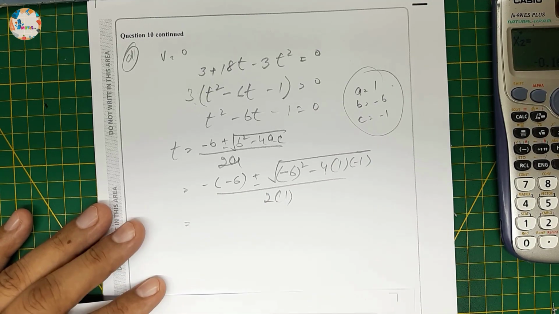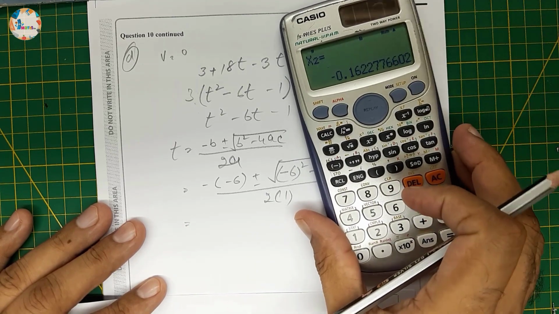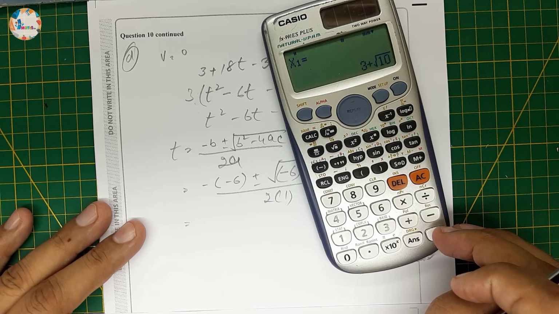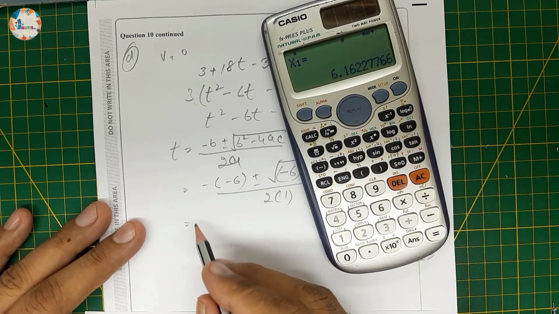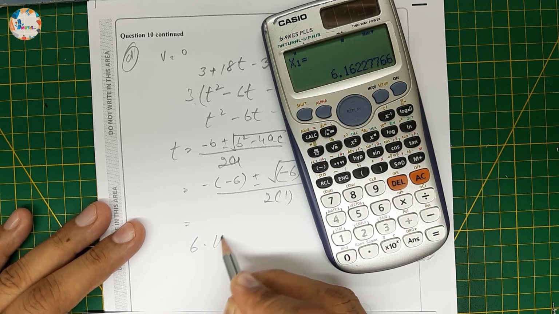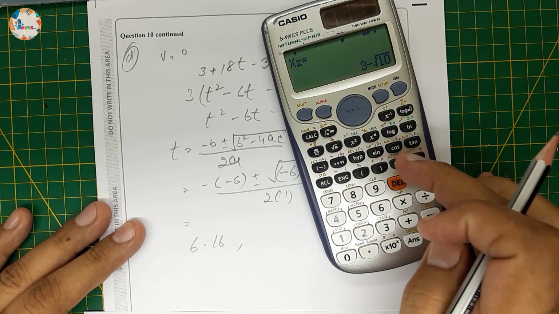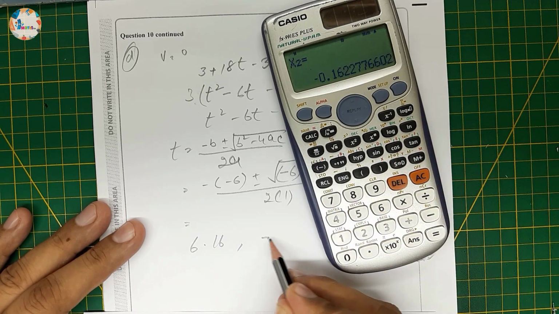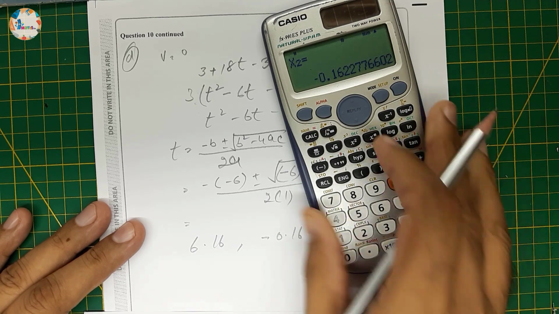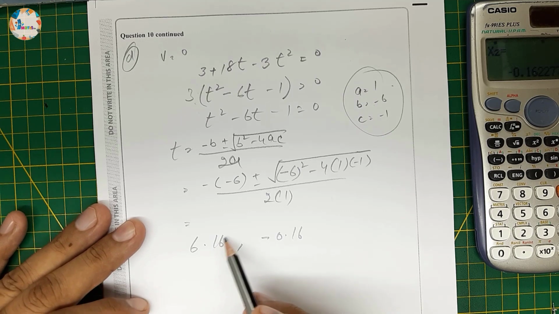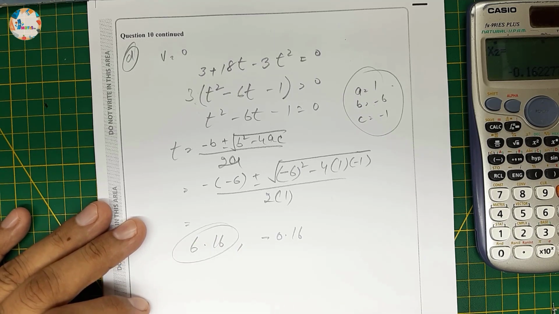So this will result in the values which we have already calculated. So we can write 6.16 and the second value will be minus 0.16, and we will be selecting this 6.16 and ignoring the negative value.